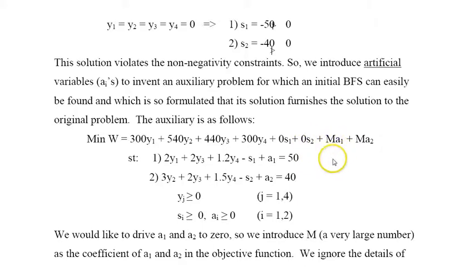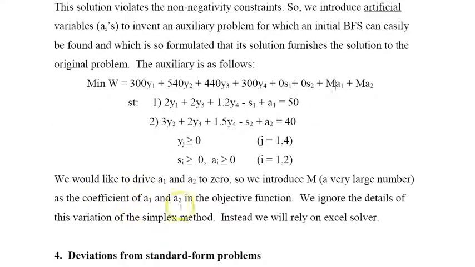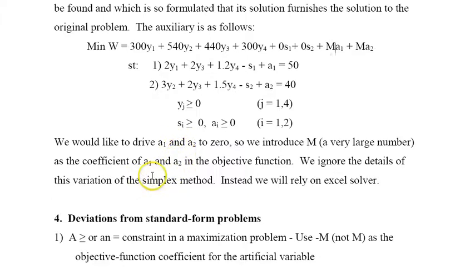The simplex method will solve this problem by driving A1 and A2 to 0, so my feasible region will be forced back into the original feasible region. We're not going to go any further than this, and will let the simplex method take care of this. In the next video, I'll start with deviations from standard form. Okay, thank you.